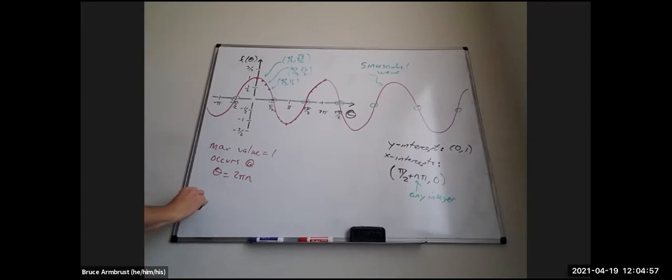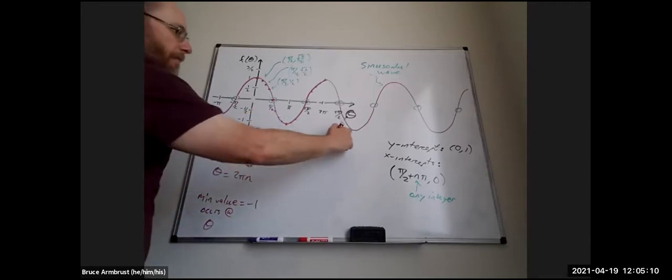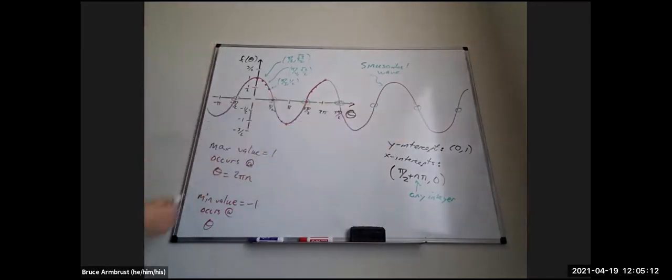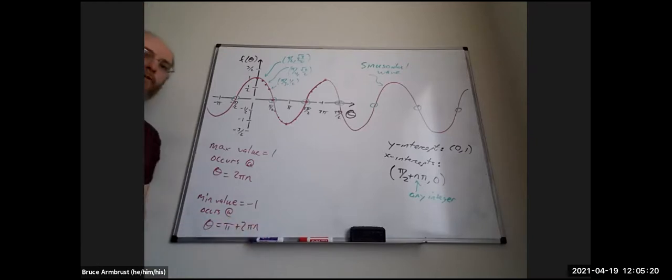There is also a minimum value of -1. And this is going to occur when theta is equal to pi, 3 pi, 5 pi, 7 pi, and so on. So the odd pis. And so the way we're going to write that is pi plus 2 pi n.